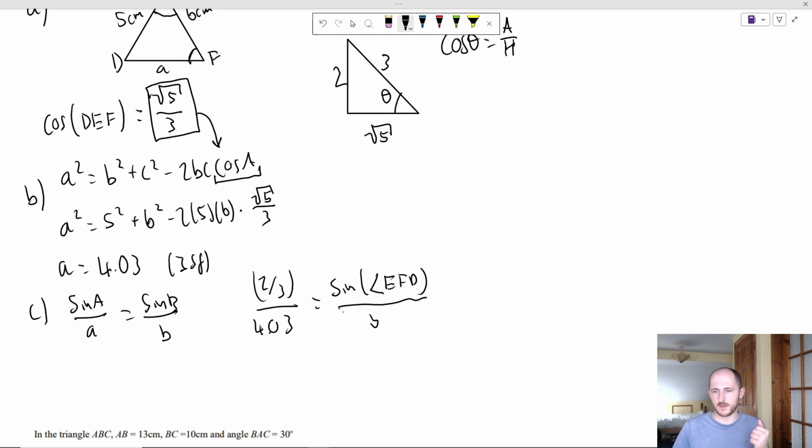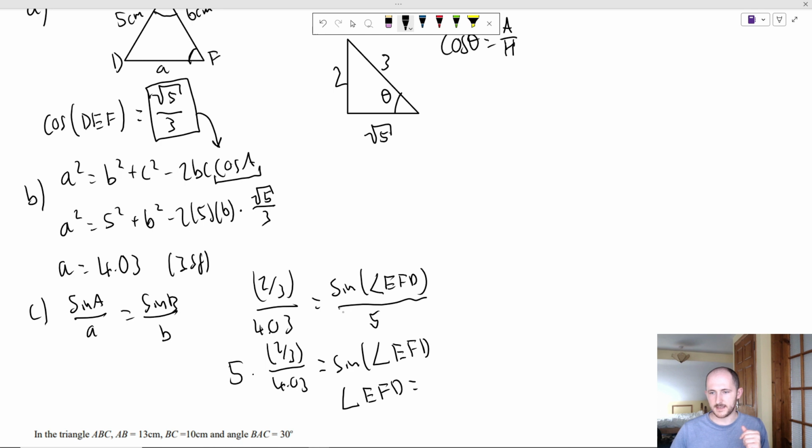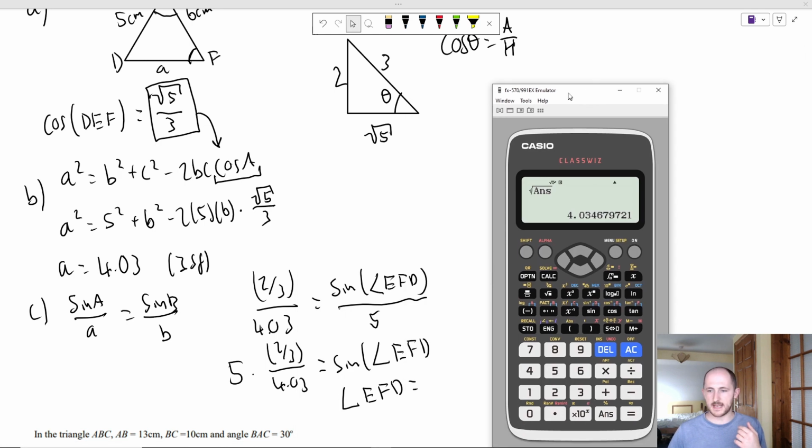Over 5. So times both sides by 5, we get 5 times 2/3 over 4.03 equals sine. That's a way better version. Good. So then that angle, we're just going to do the rest of it on the calculator now. First of all, let's enter in this left hand side.